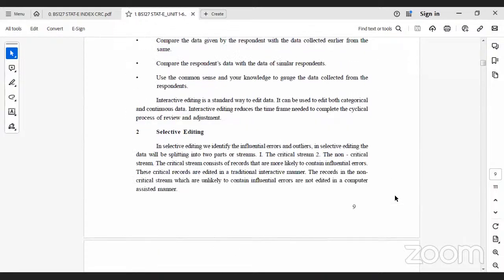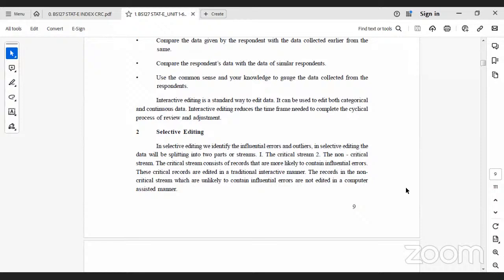Selective editing. In selective editing, we identify the influential errors and outliers. In selective editing, the data is simply split into two streams: the critical stream and the non-critical stream.